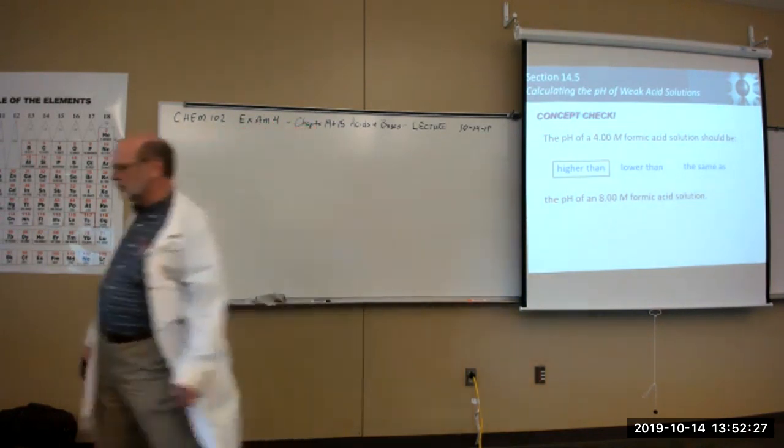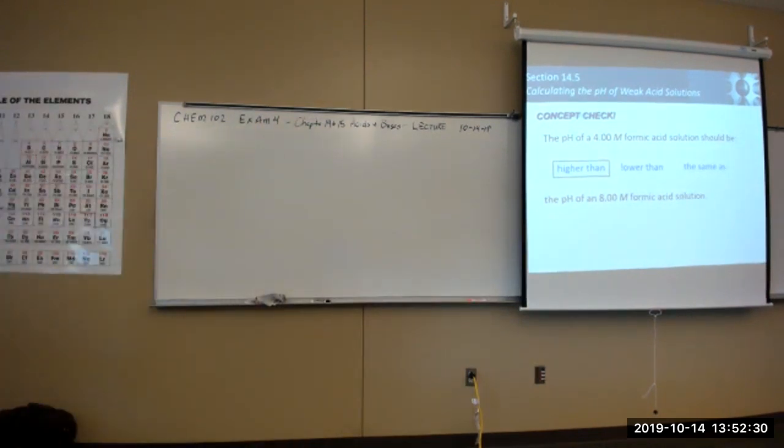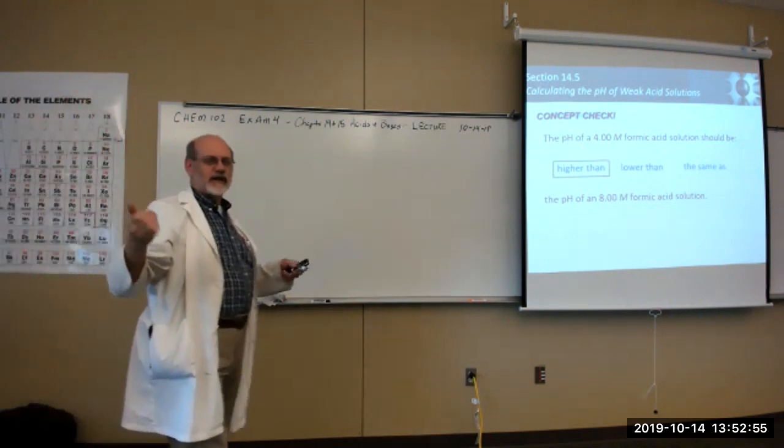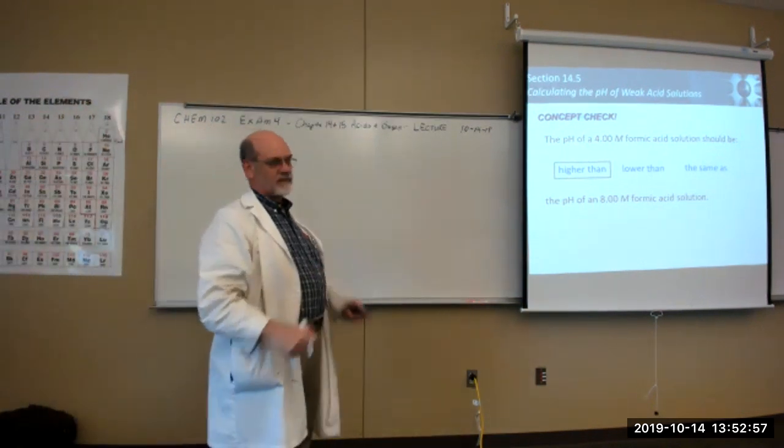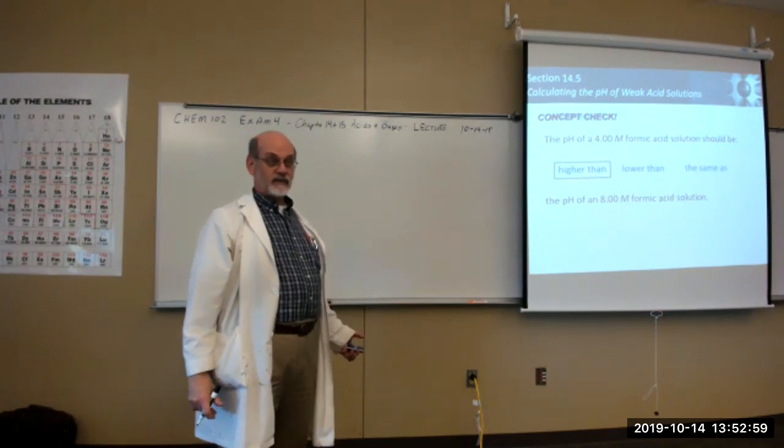Is it wrong? I just contradicted myself. Are we going to prove it? There's 4 molar. Yeah, okay. pH is, oh, duh. What did I just do? I forgot how we calculate pH.